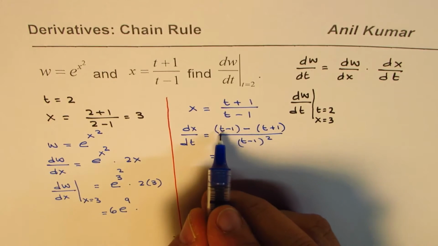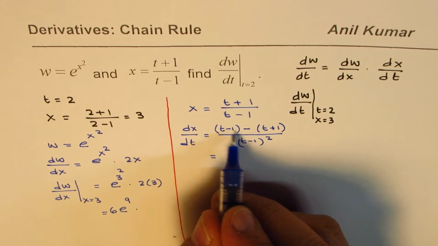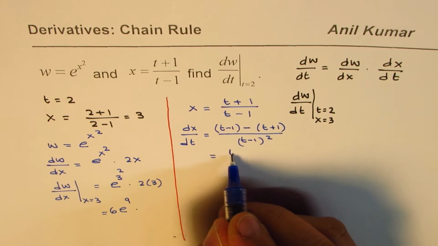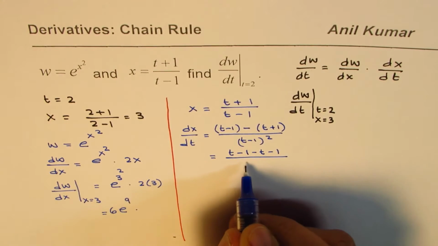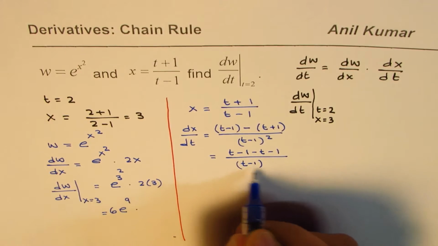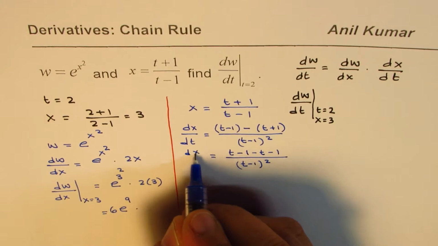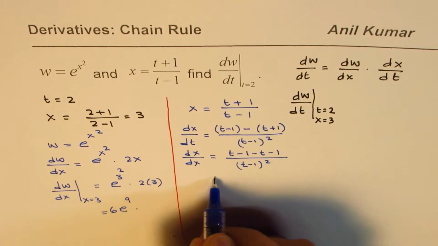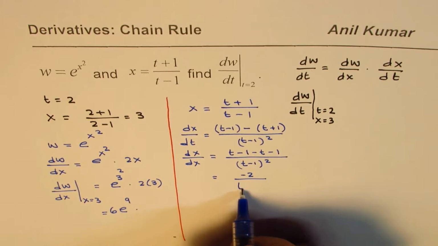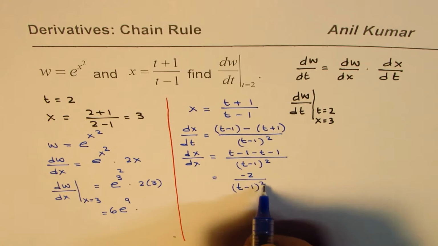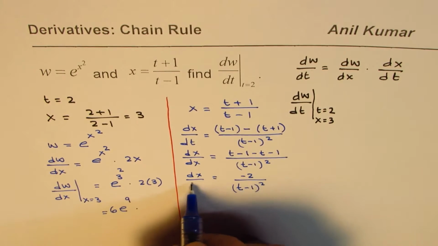This can be written as t minus 1 minus t minus 1, over t minus 1 whole square. That is dx/dt, which is minus 2 over t minus 1 whole square.